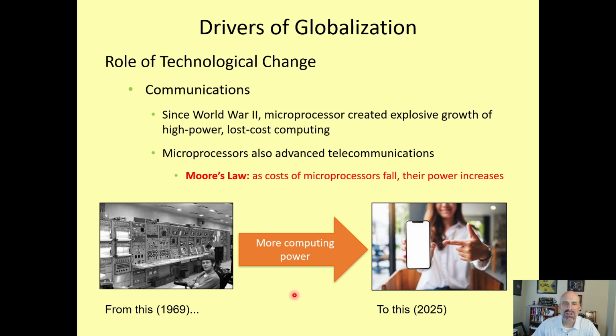So over time, if we apply Moore's Law, we've gone from a NASA control station, look at this room full of computers, to this person right here with a smartphone, who possesses more computing power than this massive room of computers, because of Moore's Law. They get faster, more powerful, and smaller as time goes on. So that's helped shrink the world. It's driving globalization.